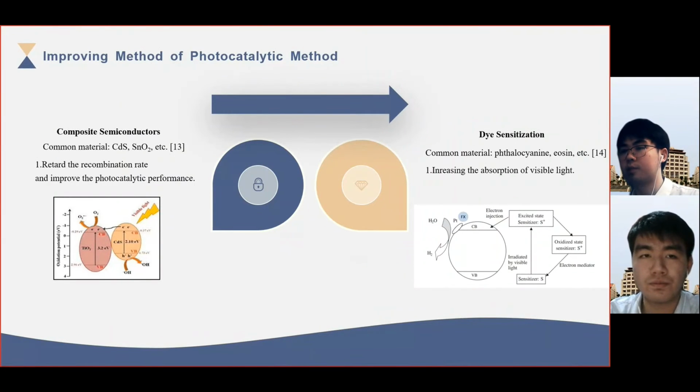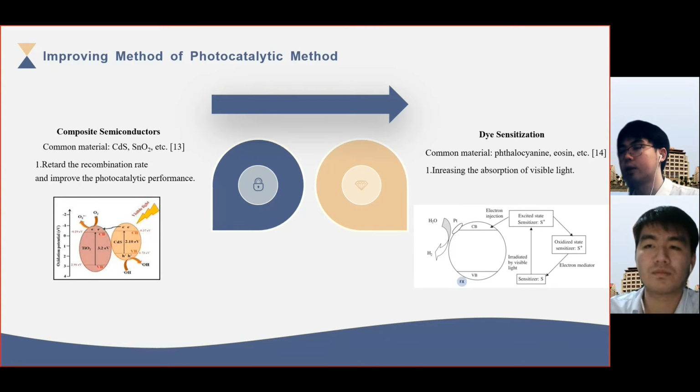The materials used are CdS or SnO2, which can retard the recombination rate and improve the photocatalytic performance. And lastly, the dye sensitization method. Common materials are phenol, chlorine, and so forth, which can increase the absorption of visible light.